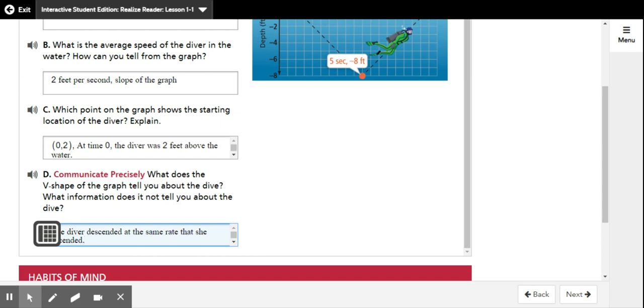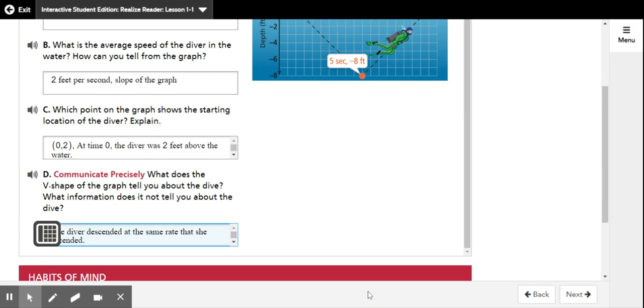It doesn't tell me whether or not she hit the bottom of the ocean or she just chose to go down 8 feet and then come back up. So we don't know anything more than what's given, but I do know that she went down and up, and it was at the same rate.